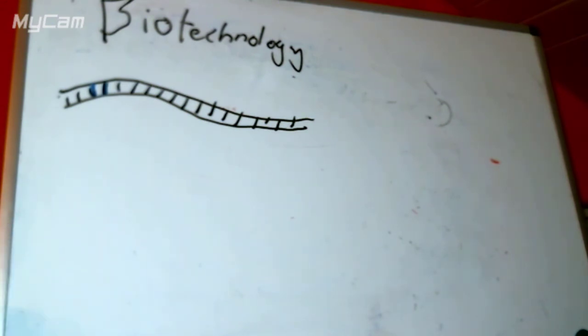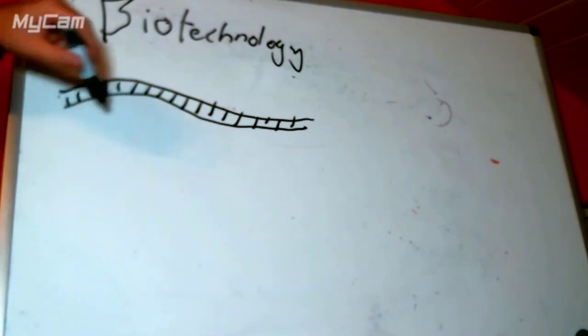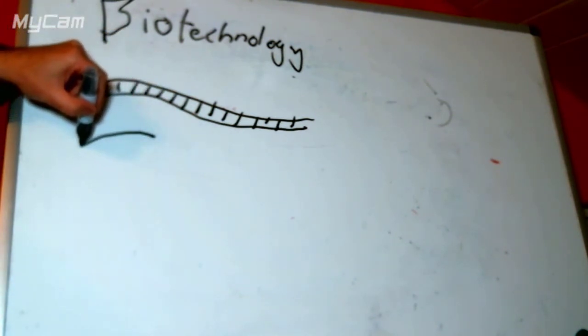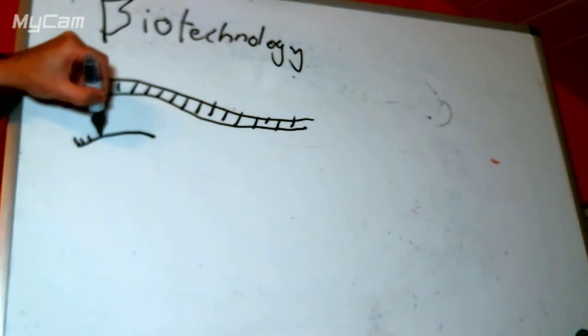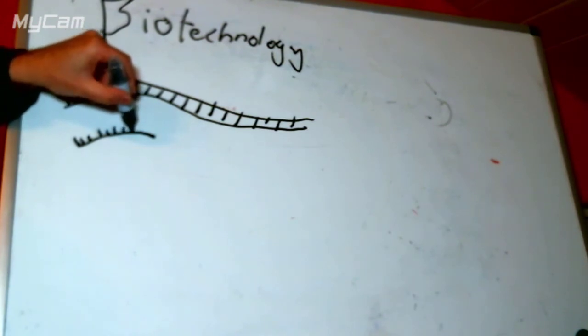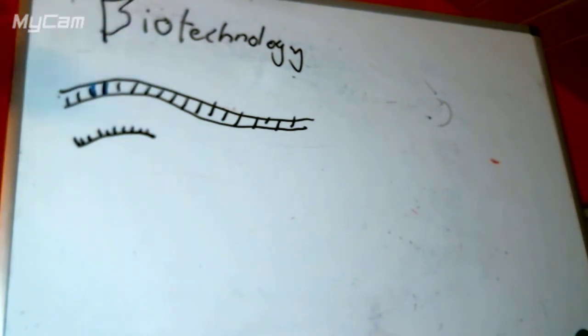What we need is some kind of template of correct information from somewhere. So we need a strand of DNA or RNA that contains the correct information, and we want to copy that into this gap. There are several equivalent mechanisms for doing this, which we will introduce gradually.